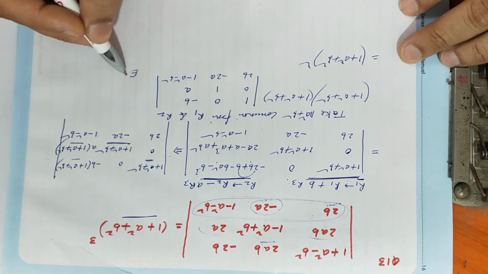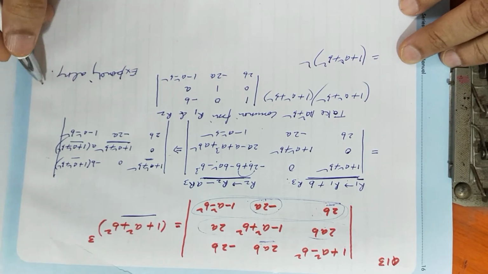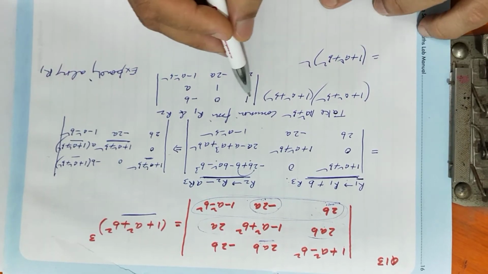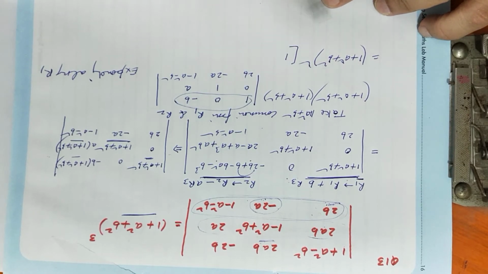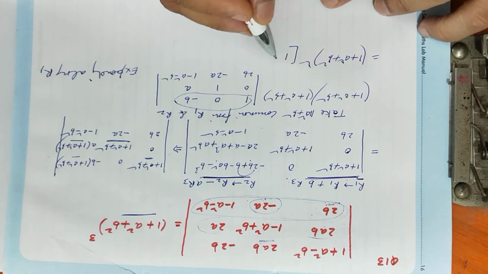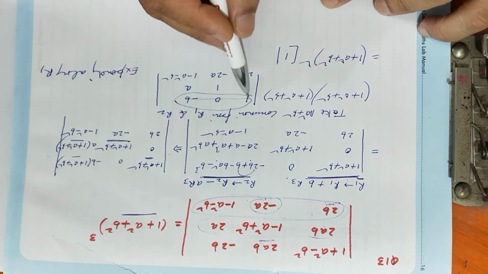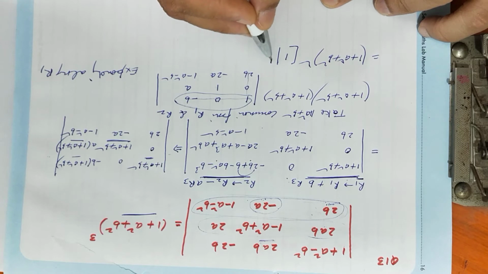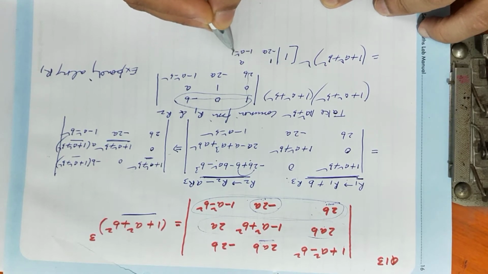We are expanding along R1. So you will get 1 here, and what is left is this thing: 1 − 2a, 1 − a² − b².